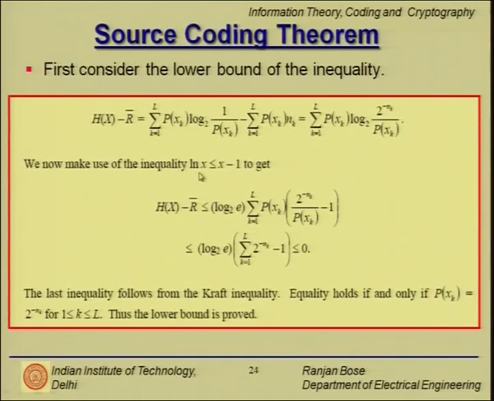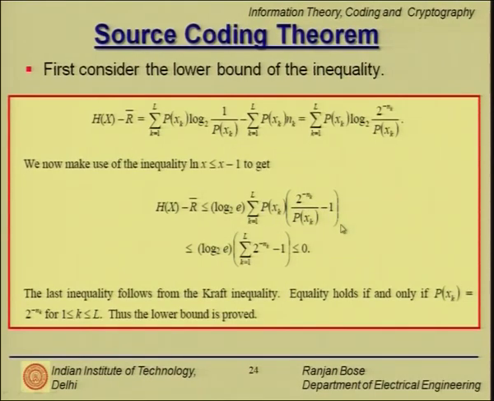Now, we have another inequality: ln x less than or equal to x minus 1. So, we would like to substitute it, but before that we must change the base of the log. So, we get log to the base 2 of e outside, and this log gets replaced by ln. So, this is ln and this quantity is x. So, we replace ln x by x minus 1 with an inequality. So, here you get the inequality and you get x minus 1.